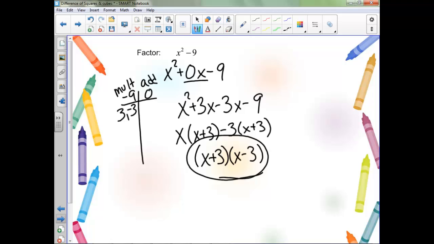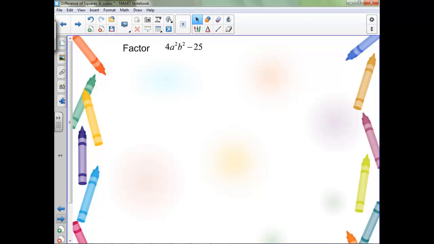So notice if we don't have a middle term, you can just put one in there with a 0 as the coefficient. So we're going to do the same thing here and add a 0 AB term in the middle.